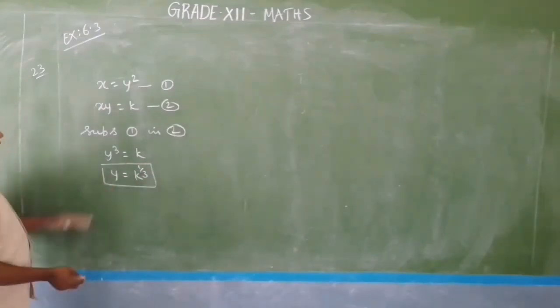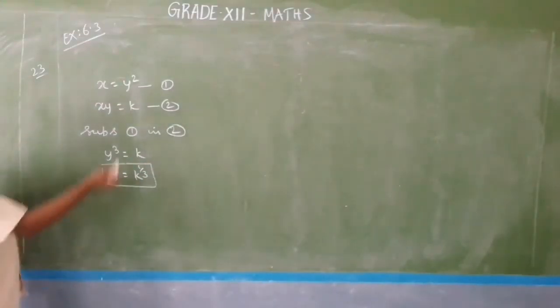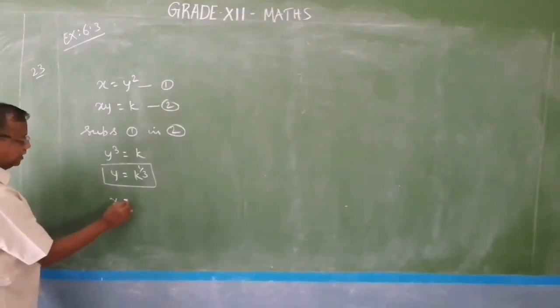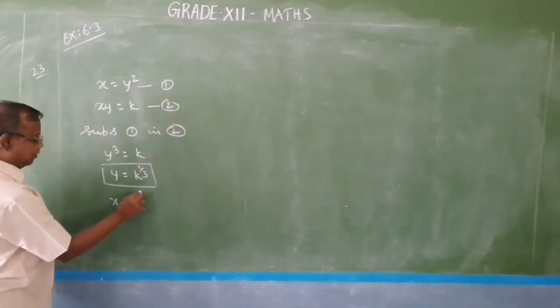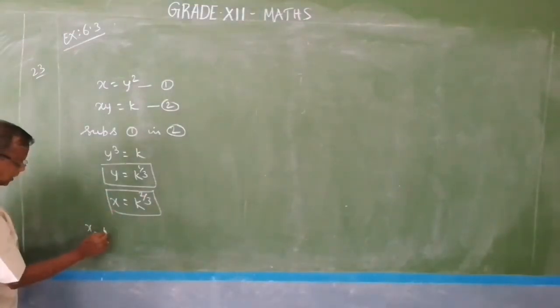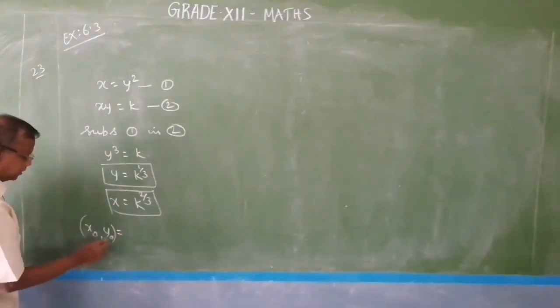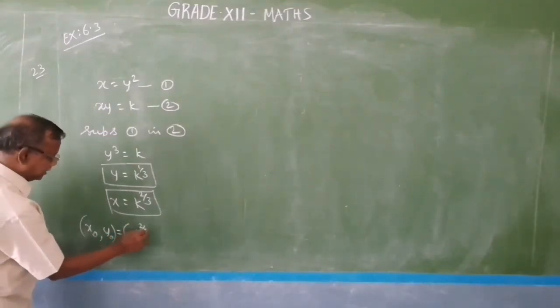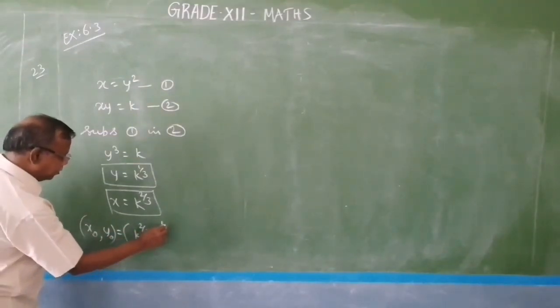Now substituting the value of y in the first equation, we have x equal to y^2, which is k^(2/3). Hence the point of contact (x0, y0) equal to (k^(2/3), k^(1/3)).